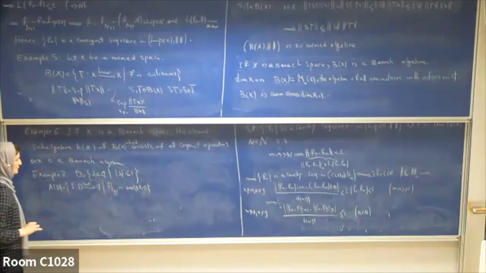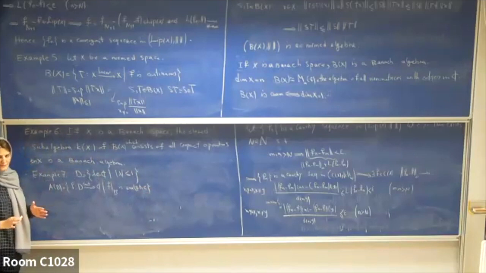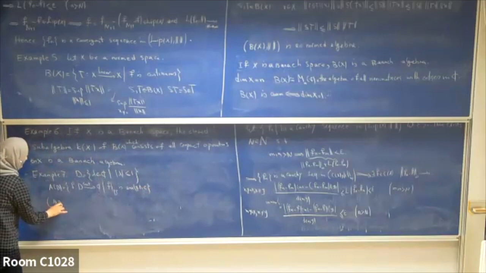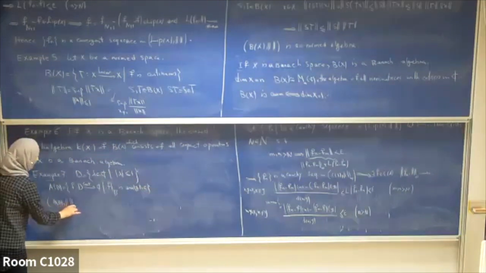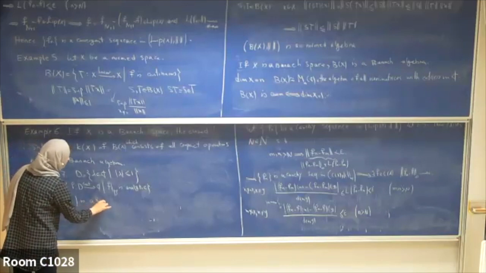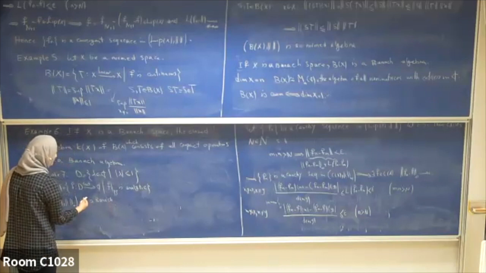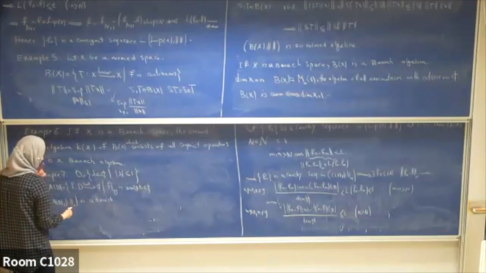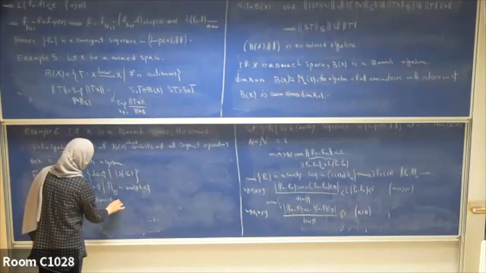It's a subalgebra of C of D. And since the uniform closure of analytic functions is analytic, it's a closed subalgebra of C of D. So with the uniform norm it is a Banach algebra. And of course, it is commutative and unital because we have the constant function 1 here.